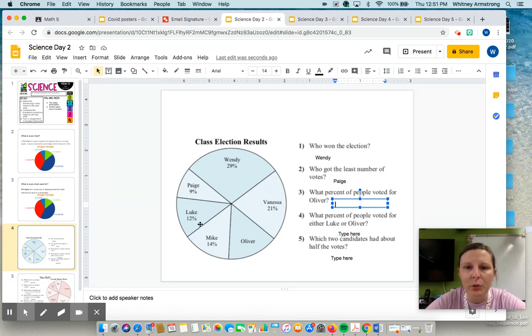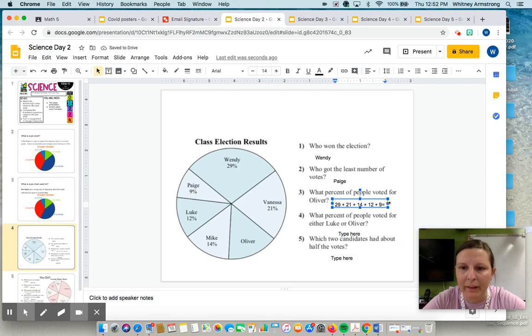So this is the portion right here where I was telling you that you would add the rest of these together and then subtract that number from 100. Okay, so if I do 29 plus 21 plus 14 plus 12 plus 9, what do I get?